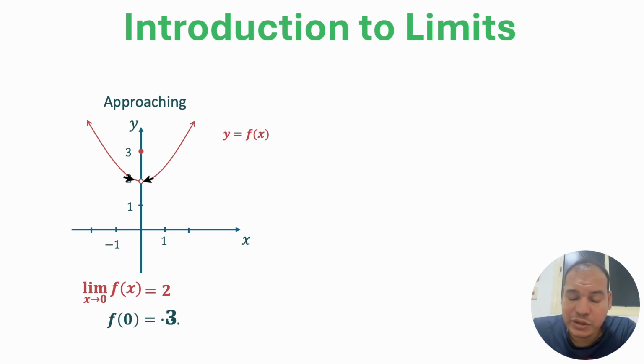The value of the function is the corresponding y coordinate, but the limit of the function is also a y coordinate, but which one? The one that the function gets closer to from both sides. The function is approaching from both sides.